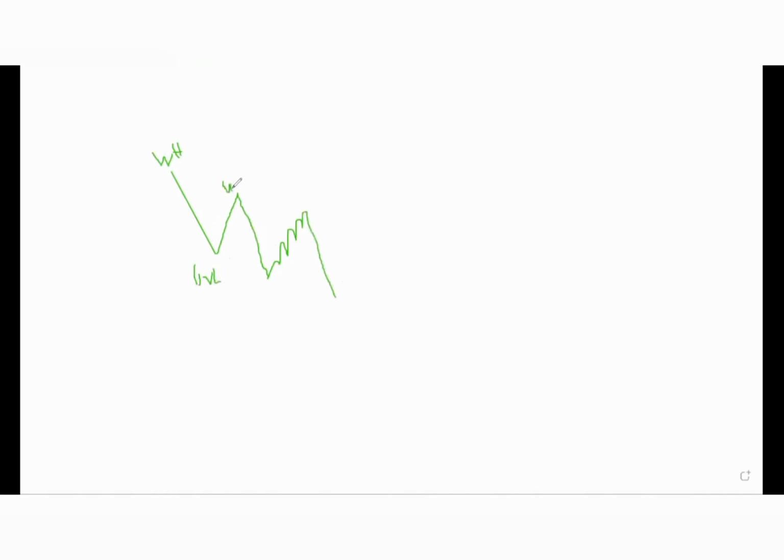So this is going to be a weekly lower high, a weekly lower high. Then this will be a weekly lower low. Then this will be what? A weekly lower high.